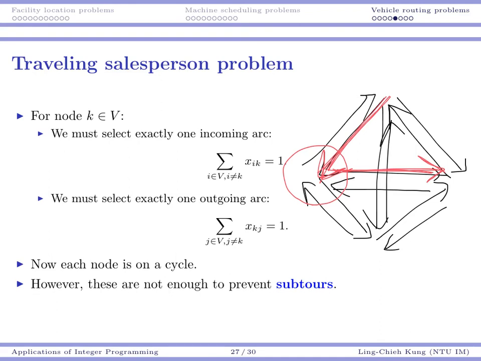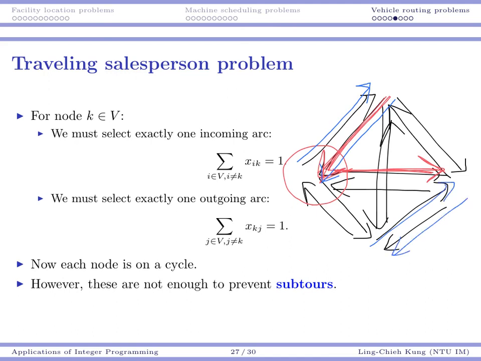That's just great. However, this is still not enough because we are not preventing the so-called subtours. So what's a subtour? Let me illustrate this idea. One possibility that may happen in your optimal solution is that you select this arc, and then this arc, and this arc, and this arc.